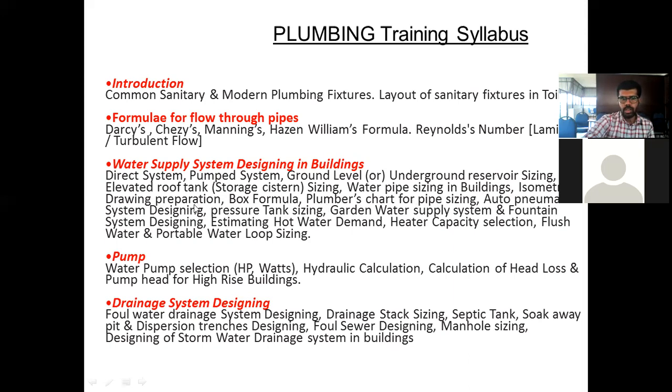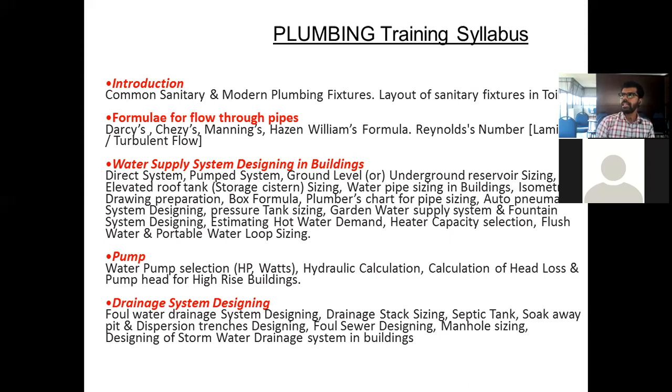Okay, isometric drawing preparation means there are different drawings for plumbing. Okay, you can draw a plan drawing, you can draw a section drawing, you can draw a schematic drawing. Okay, that is one type of drawing. Then auto pneumatic system designing, pressure tank designing, sizing, garden water supply system. Another system we can call garden water.